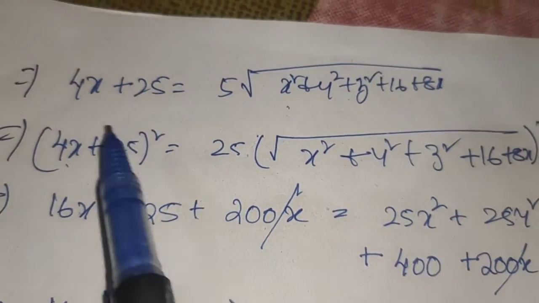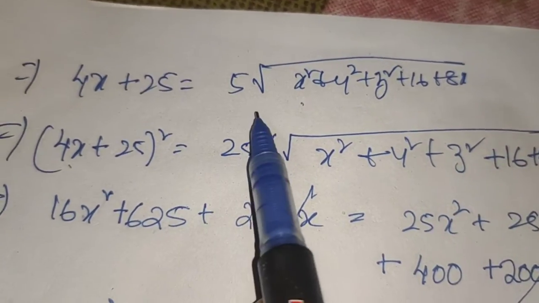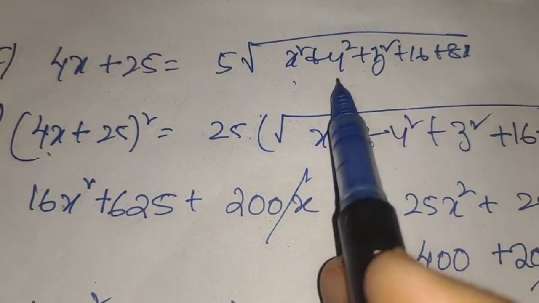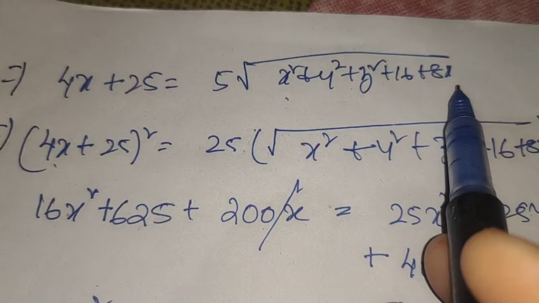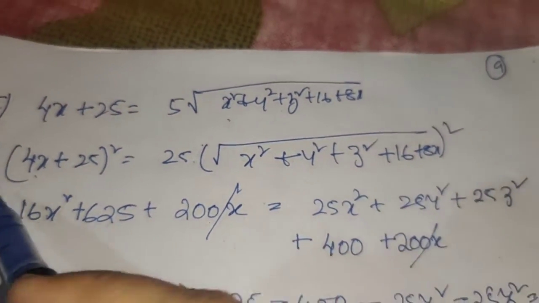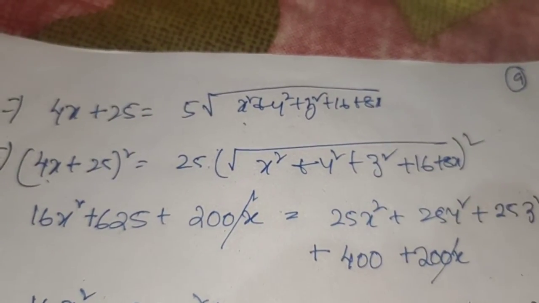So finally 4X plus 25 equals 5 into root over X square plus Y square plus Z square plus 16 plus 8X. So again let us square both sides.